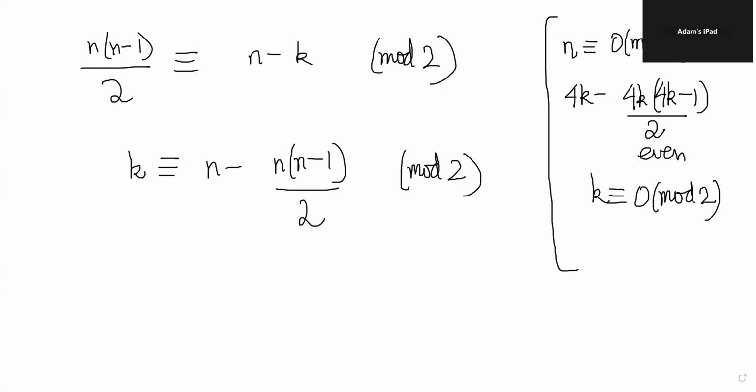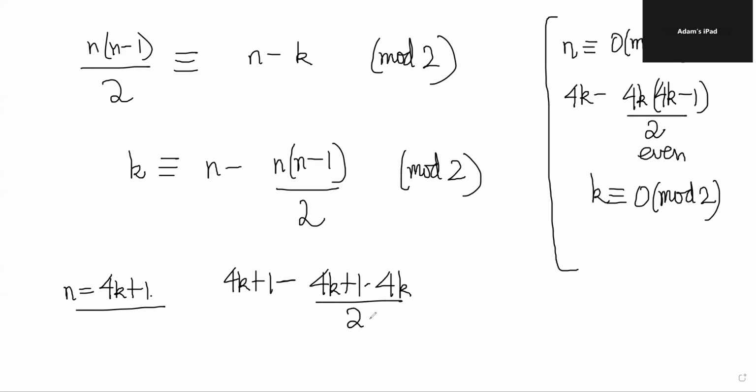Correct? Now you can take n is 4k plus 1. In that case, what is coming for k? So 4k plus 1 minus (4k plus 1) into 4k by 2, right? So this is 2k. So this is an even number here, and this is an odd number here. So odd minus even will be odd.